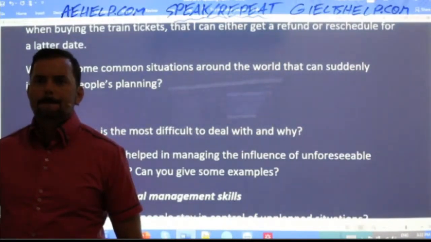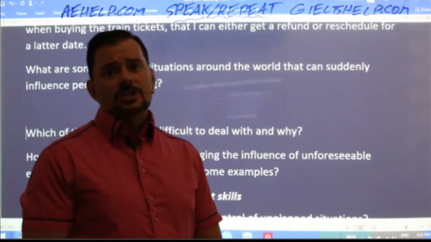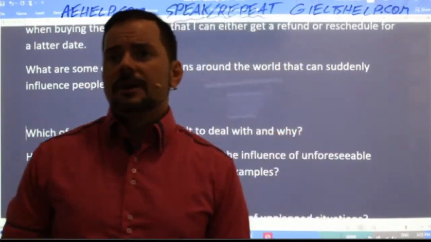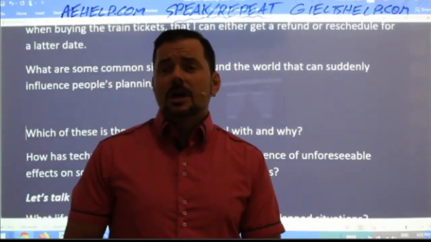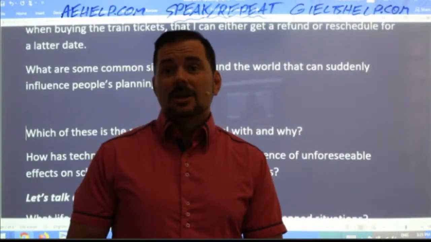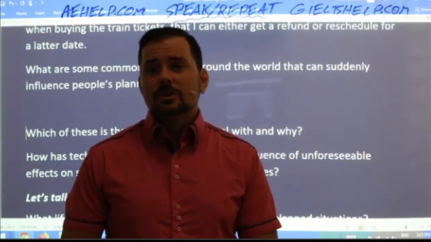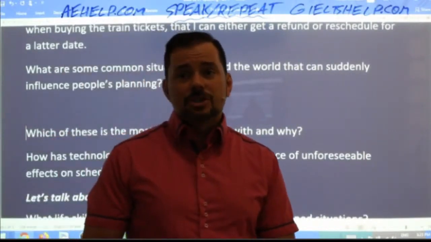Murasa Baraki says, that's an interesting question. The fundamental situations across the globe that affect individuals' planning are natural disasters like floods, earthquakes, pandemics like COVID-19, and accidents, as I mentioned in my part 2. Yeah, Murasa, be careful. COVID-19 is not a natural disaster.